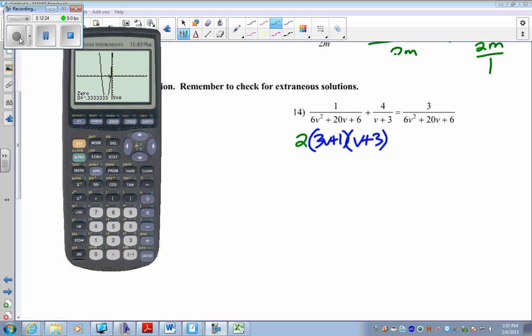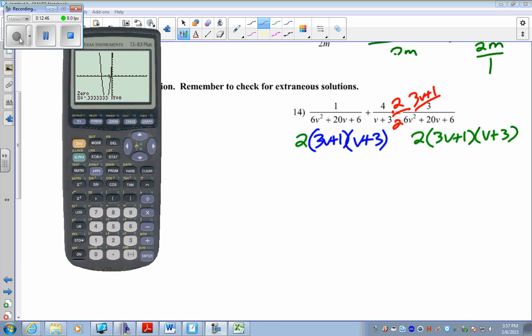The middle denominator is not the same as all the other ones. So I have to multiply by, right now it has v plus 3. I also have to multiply in 2 over 2. And I have to multiply in 3v plus 1 over 3v plus 1.